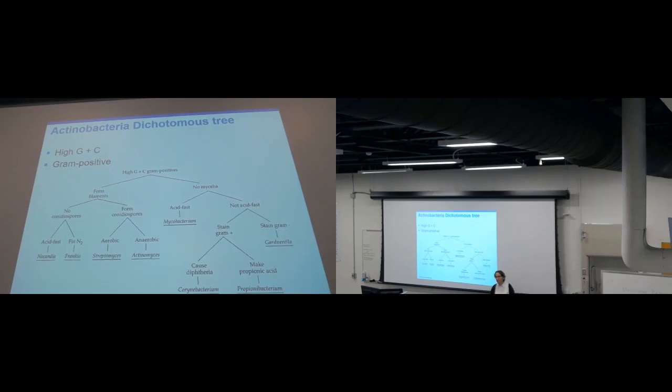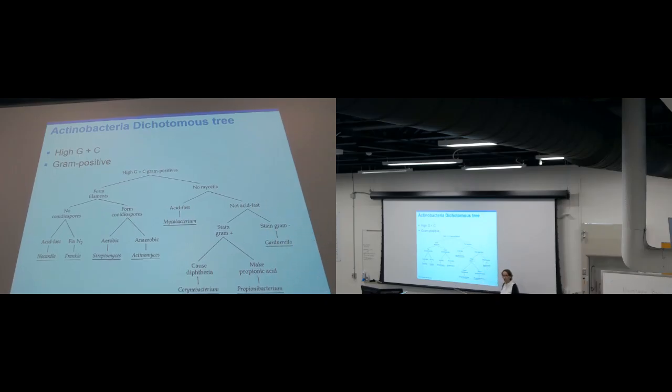If you remember, acid-fast is a staining technique in which you have a primary dye, which is carbolfuchsin, and then you have a decolorizing agent, which is acid alcohol, so it's alcohol with hydrochloric acid. Bacteria that resist the decolorization will be acid-fast, and the ones that decolorize will be not acid-fast.